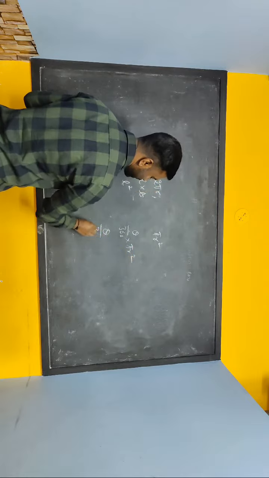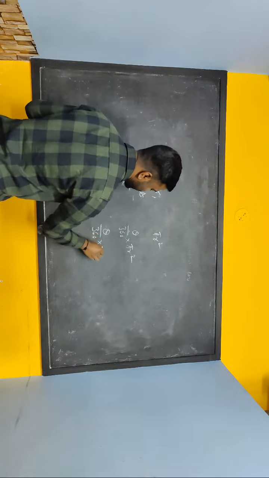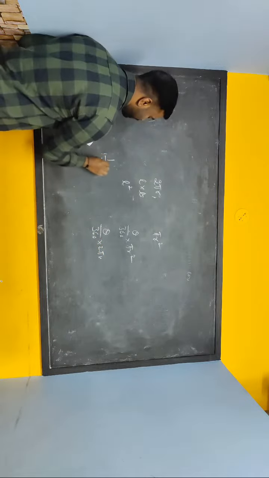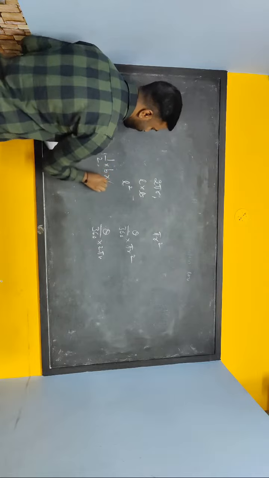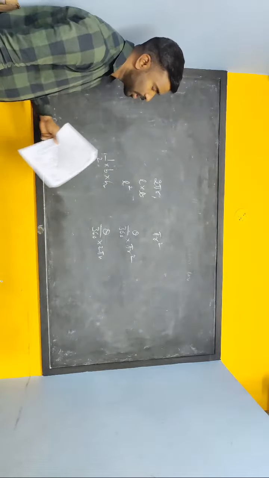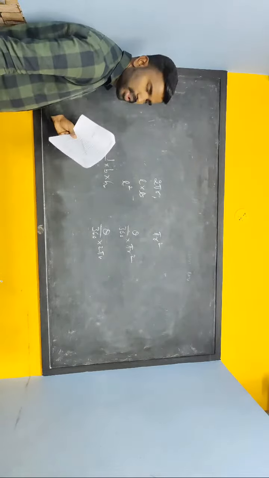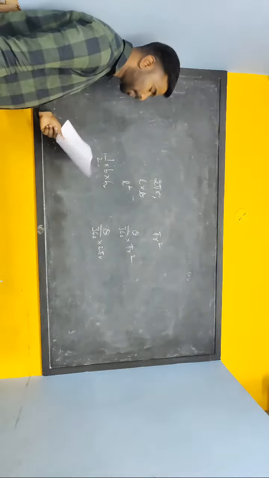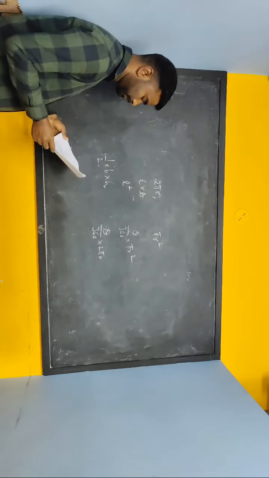Length of an arc is theta by 360 into 2 pi r. And area of triangle is half into base into height. If you learn all these formulas, the problems will be based on this only.